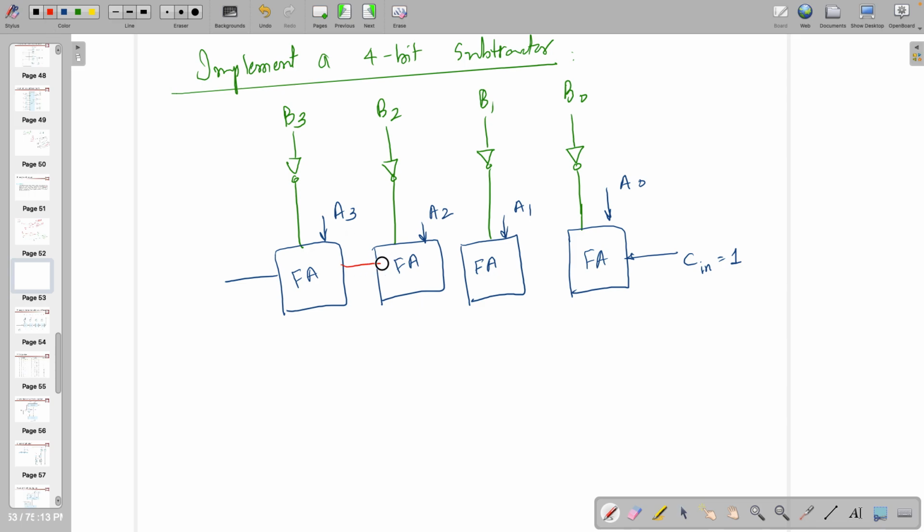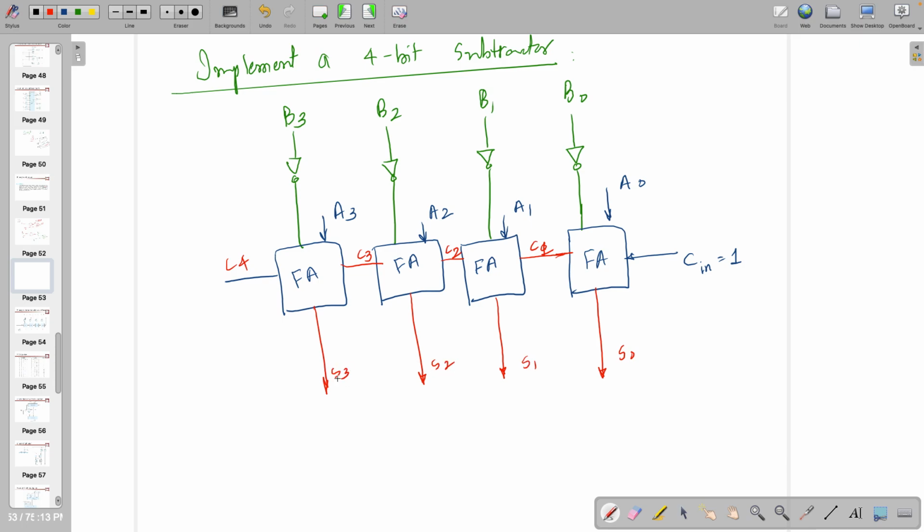So now these are the carries C1, C2, C3 and C4, and there are some 0, some 1, some 2 and some 3.